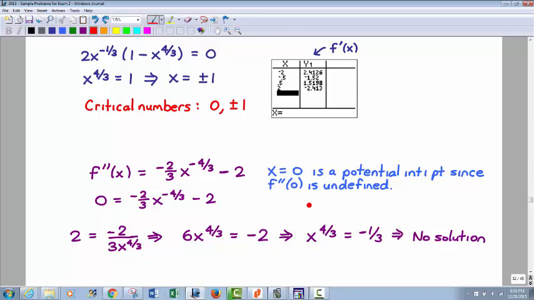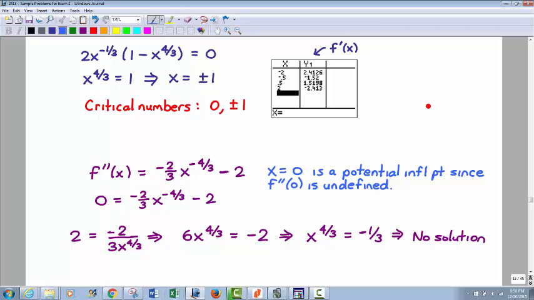You have this situation I call a potential inflection point. We don't know yet if it'll be one. It makes the second derivative undefined, yet it is defined in the original function.